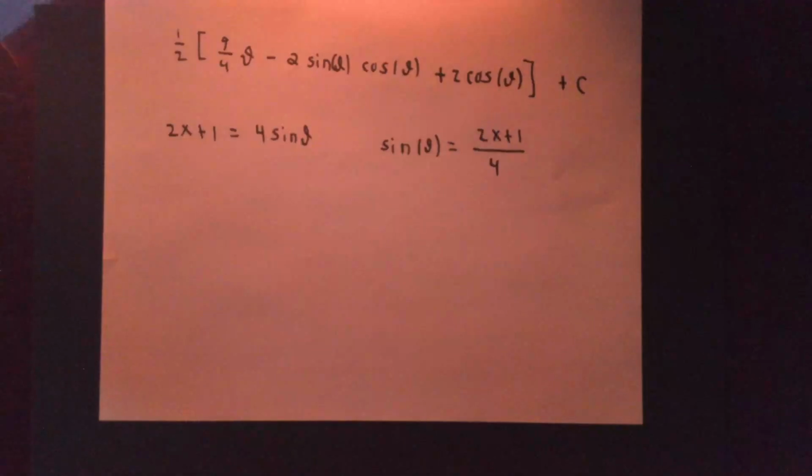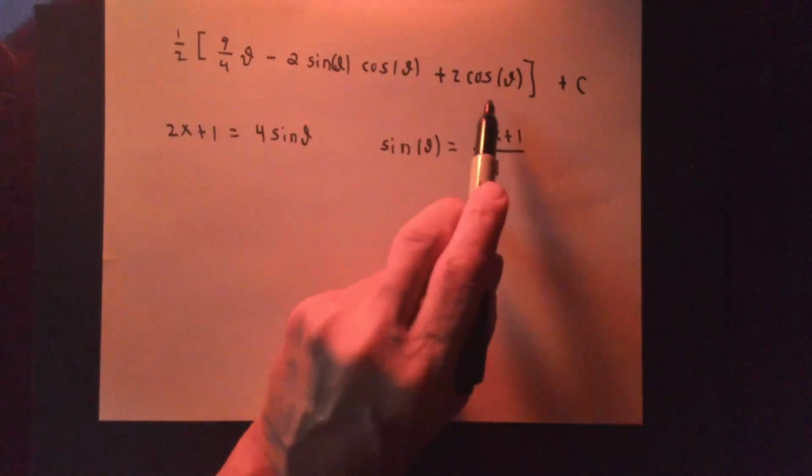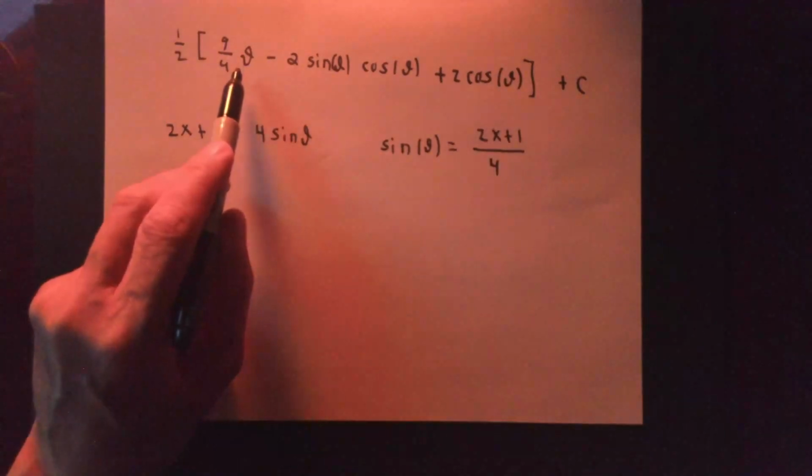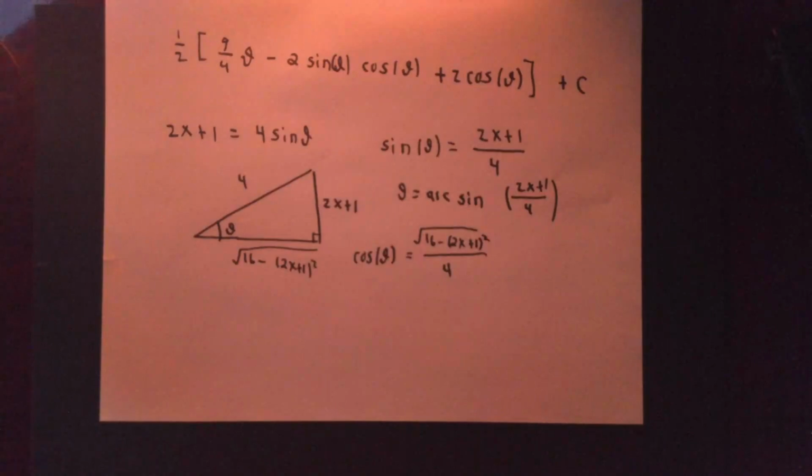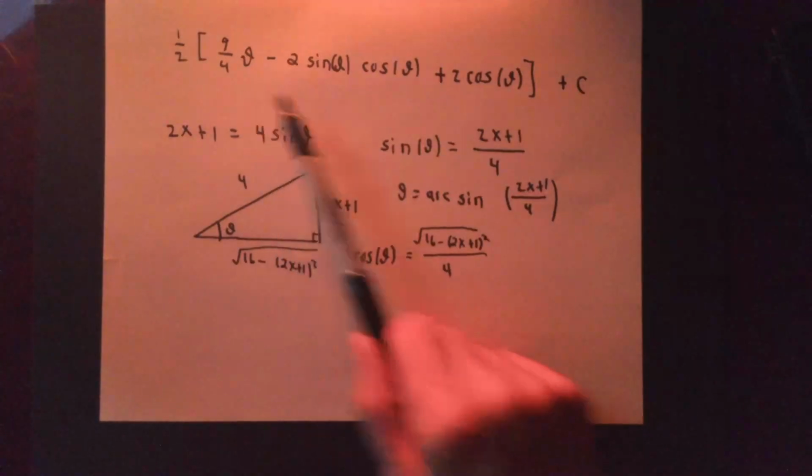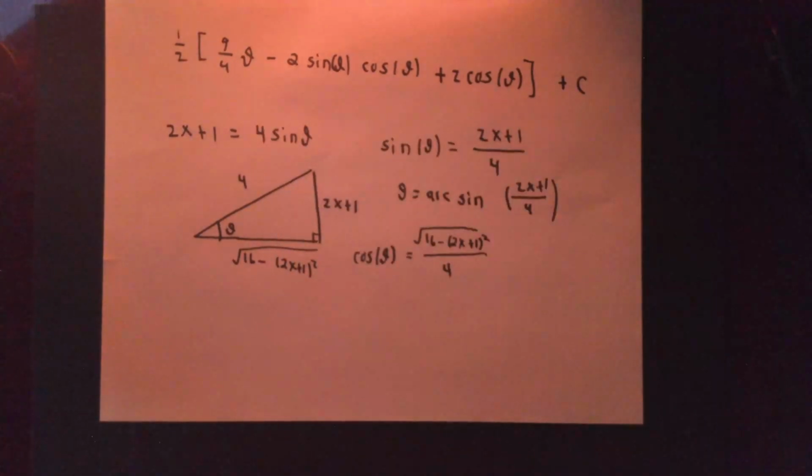Also, I'm going to need to know what cosine of theta is, and I'm going to need to know what theta itself is, but none of these things should be difficult to get our hands on. Drawing the usual triangle, I can figure out that cosine of theta must equal this quantity, so we now know everything in our answer back in terms of x instead of theta.